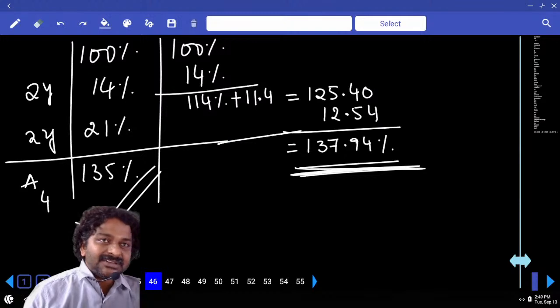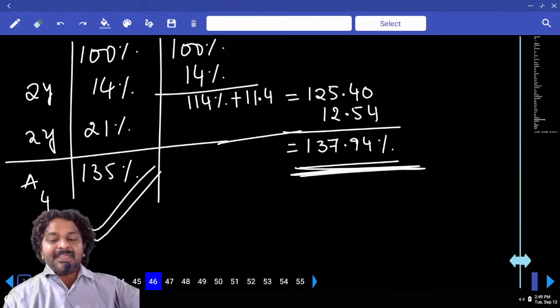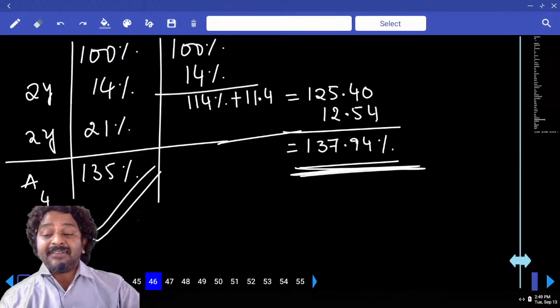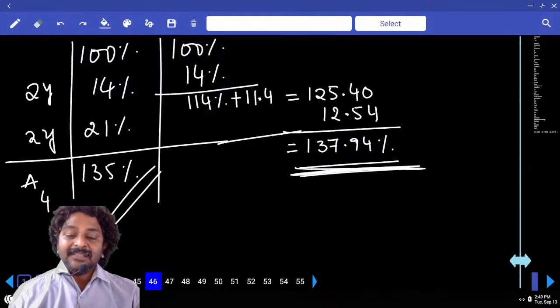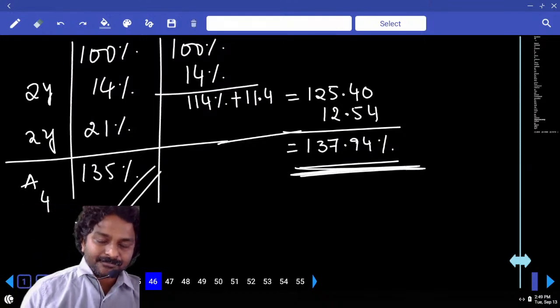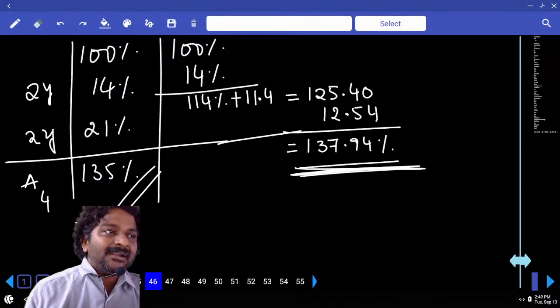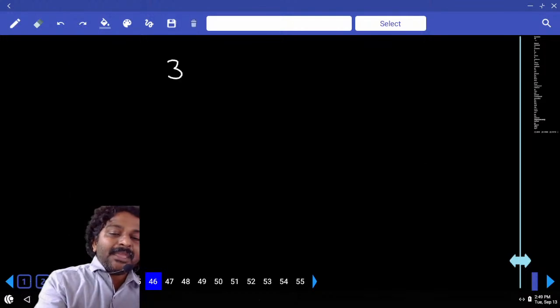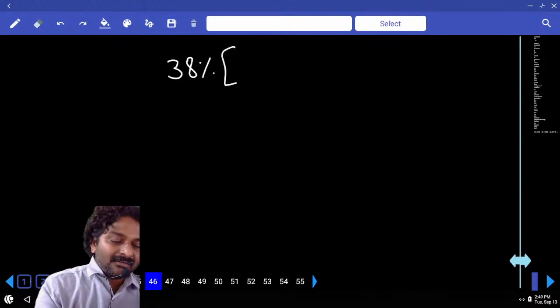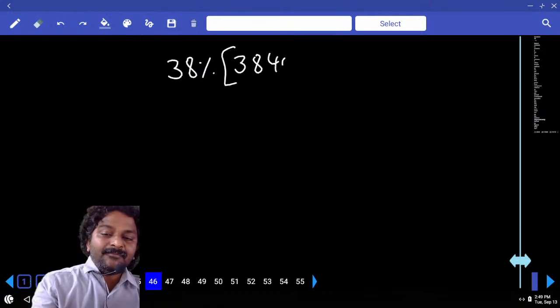Because that is not mentioned, we take the amount after 4 years as 137.94%. Then what is the interest obtained? 37.94, approximately 38% on the principal, which is 38,400.